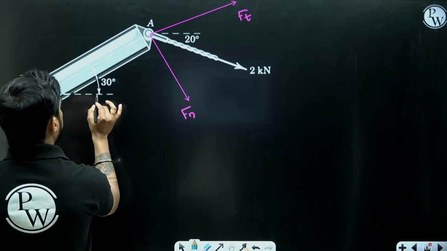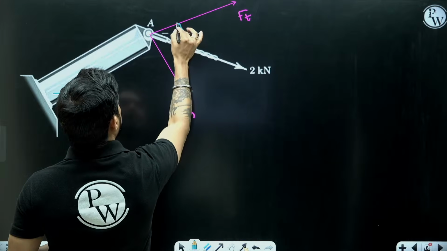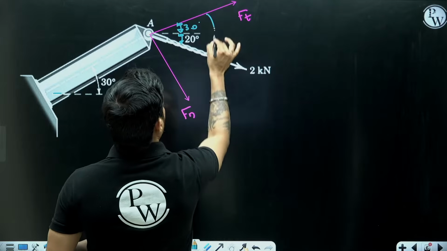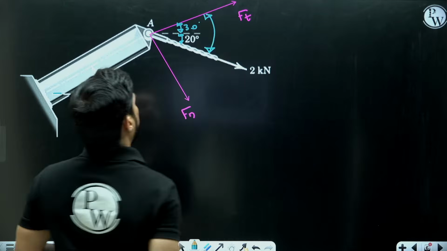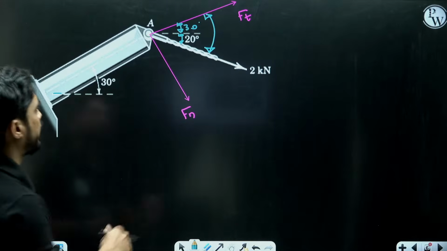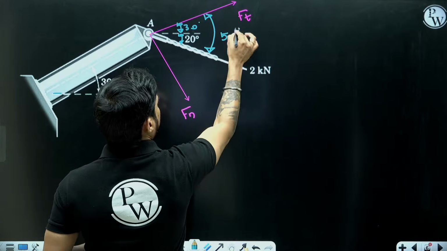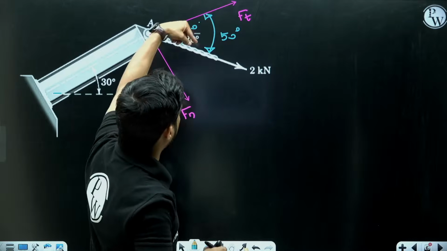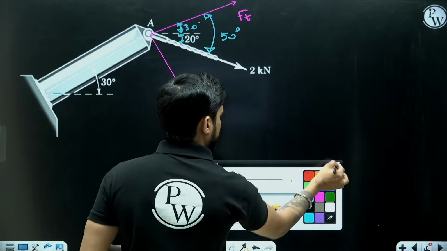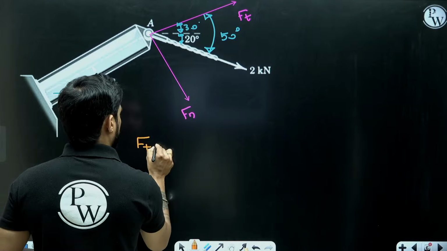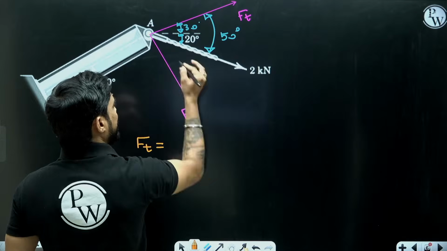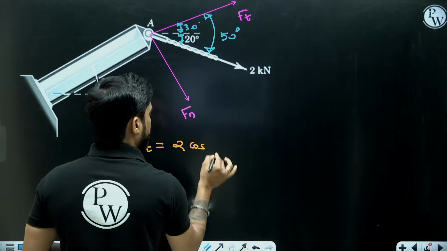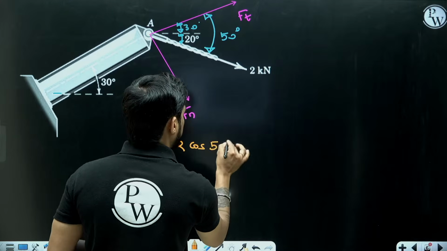This angle is 30 degrees, and this angle is 20 degrees. So what will be this angle? The angle between Ft and 2 kilonewton is going to be 50 degrees. So we have the angle between the tangential force and 2 kilonewton. Now we can find Ft. As it is making the angle with 2 kilonewton, it will be the cos component, so it will be 2 cos 50.